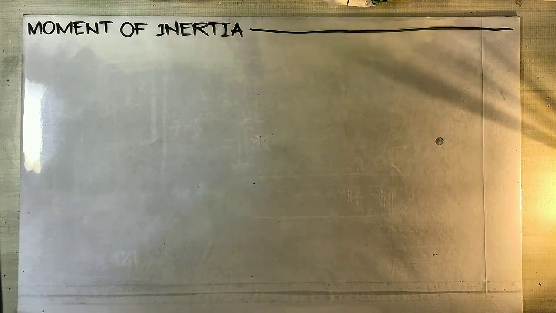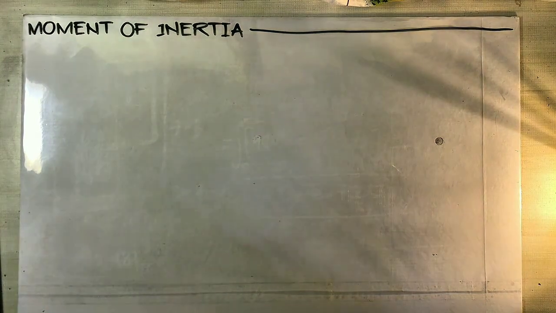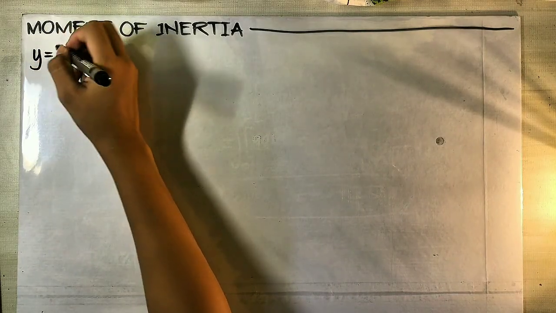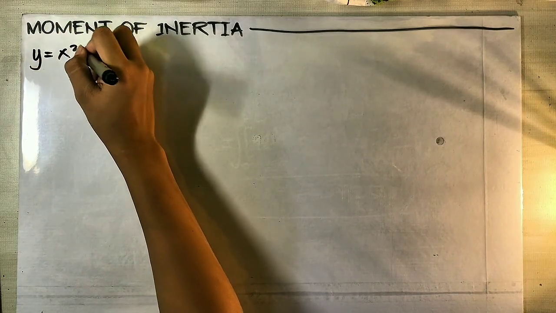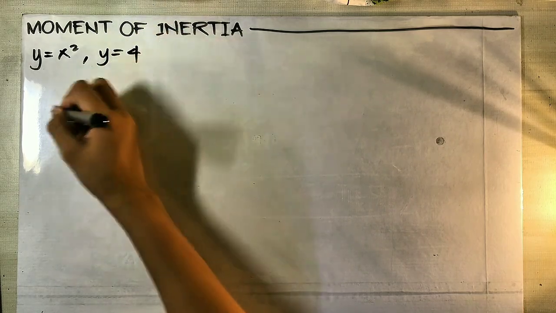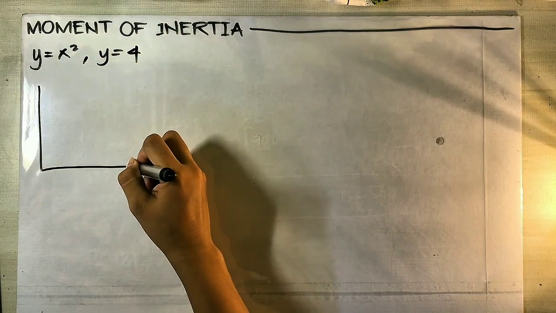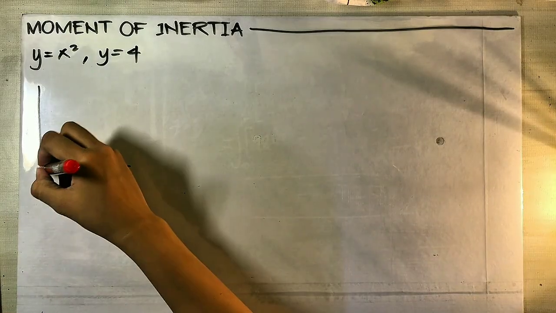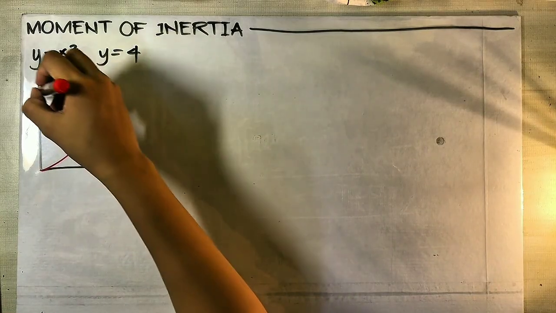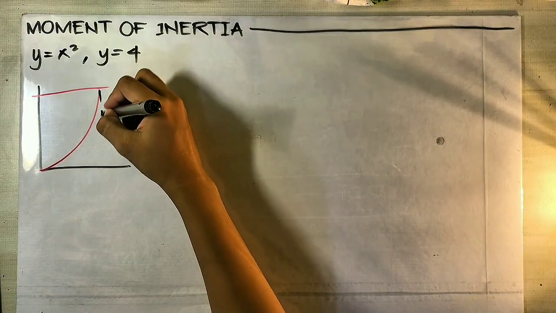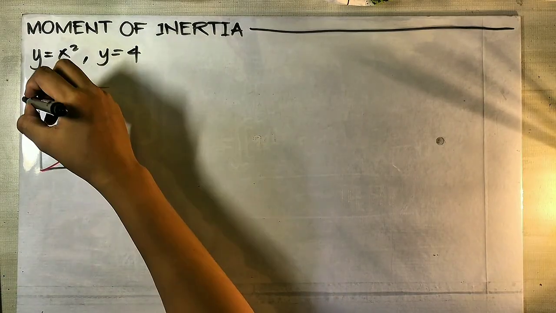So for our fourth topic, we have the moment of inertia. So again, let's use our previous example so that there will be no confusions. So again, this is our parabola. This is the curve where this is equals to 2 and this is 4.